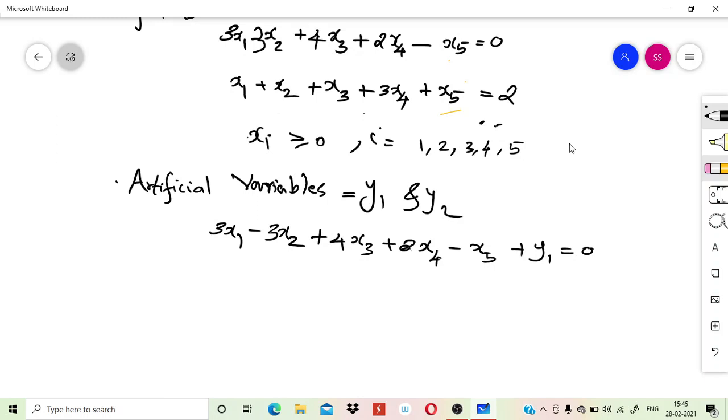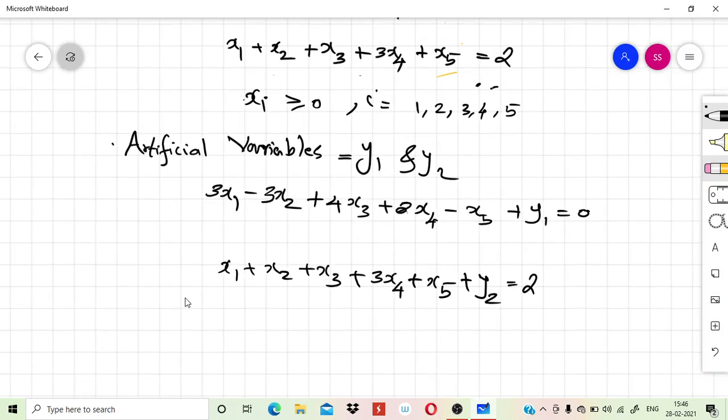And the second constraint will have the change like this: x1 plus x2 plus x3 plus 3x4 plus x5. Then we will add the second artificial variable, plus y2, equal to 2.